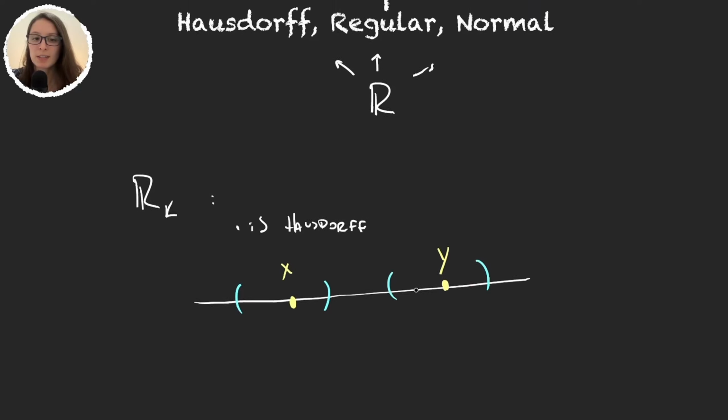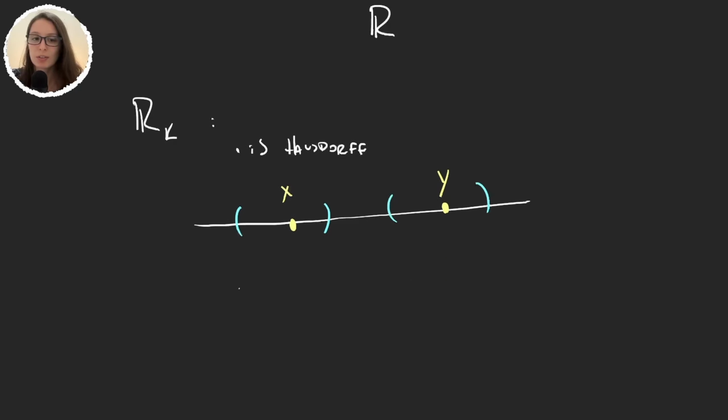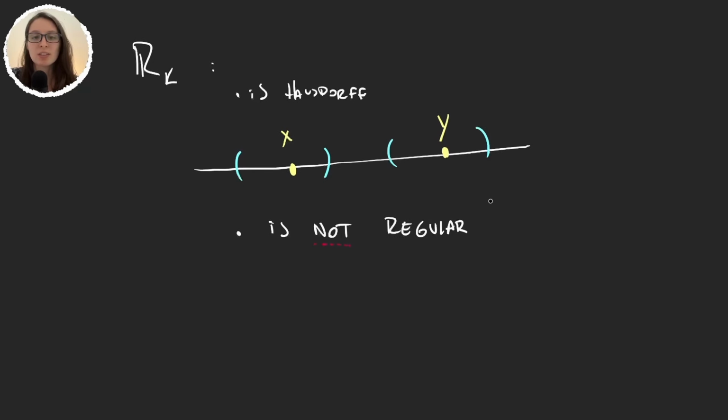But now let's see that R_K is not regular. Remember that regular meant that a space can separate between a point and a closed set. And when thinking about R_K, you might think, yeah, but in general it does satisfy this. But there is just one point and one specific closed set that doesn't satisfy the regularity condition.